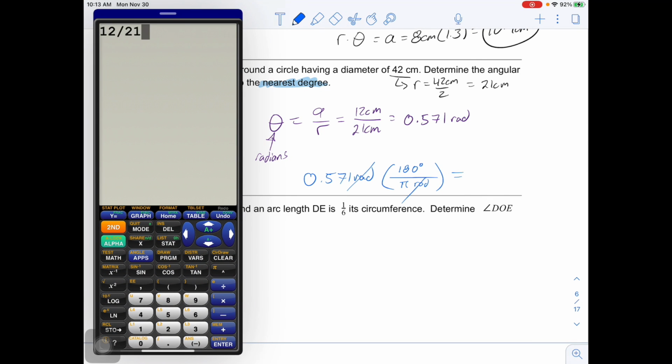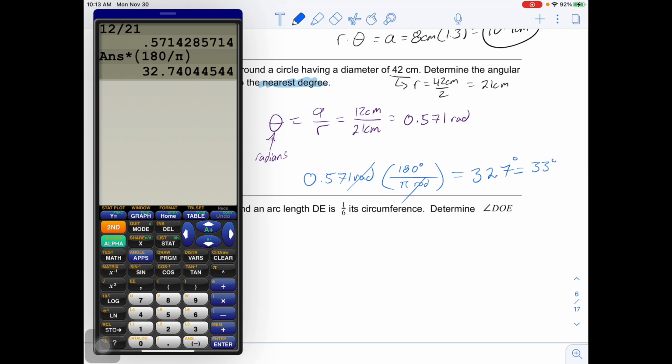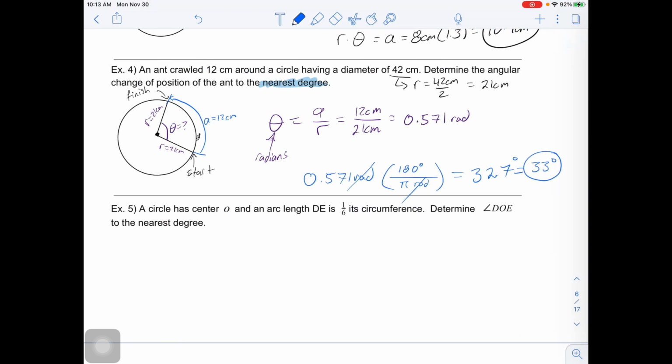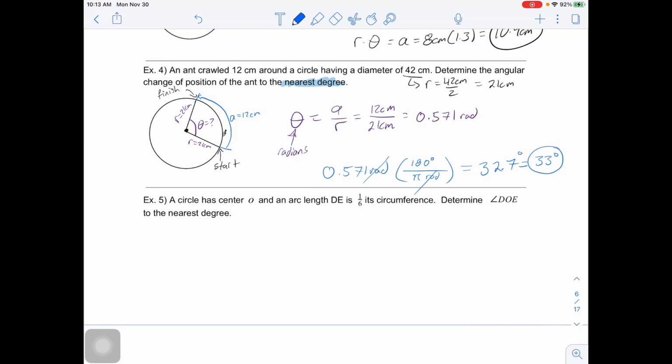So I'll get the exact value. There we go, 0.57142, blah, blah, blah. And we're going to take that answer and multiply it by 180 dividing pi. So that is 32, and it wants us to the nearest degree. So we're actually going to round this up to 33 degrees. And there is how far our little ant went in degrees.